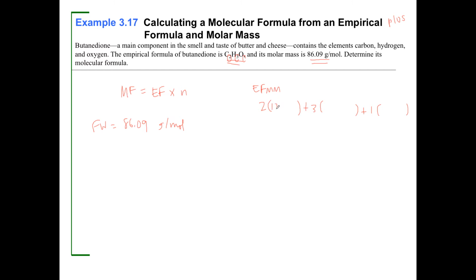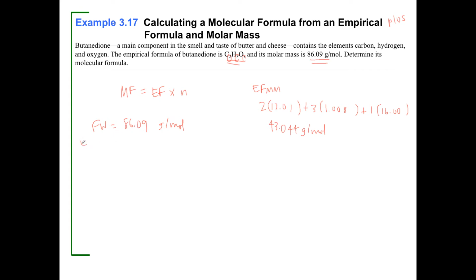Carbon's 12.01, hydrogen's 1.008, and oxygen 16.00. So the empirical formula molar mass is 2 times 12.01 plus 3 times 1.008 plus 16, which is 43.044 grams per mole. I can already see that's half of that.